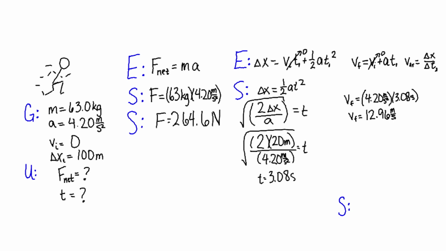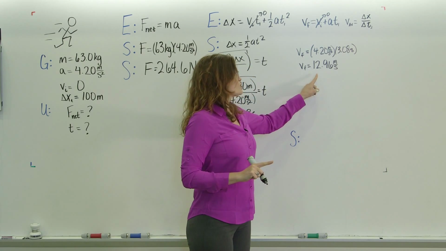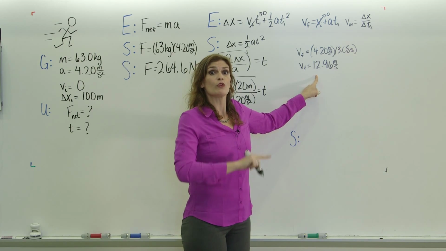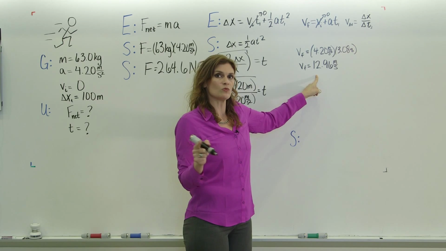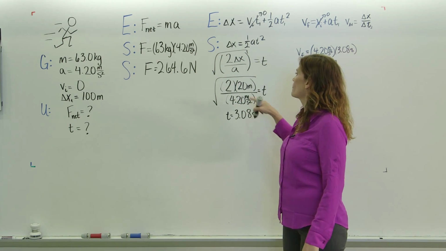That's not our final answer yet, though. What we need to know now is the time it takes him if he's traveling at a velocity of 12.96 meters per second for the rest of the 100-meter dash. The rest of the 100-meter dash is 100 minus this first 20.